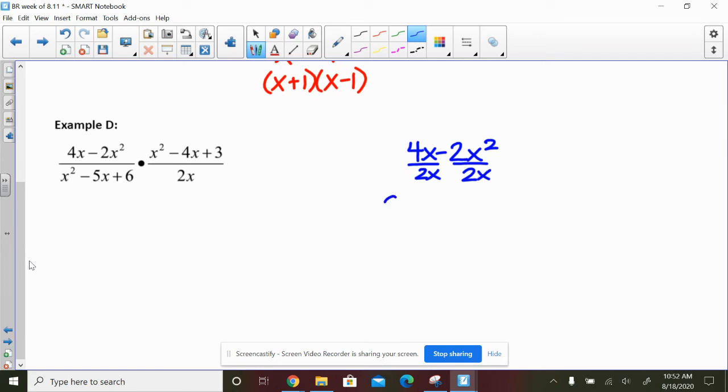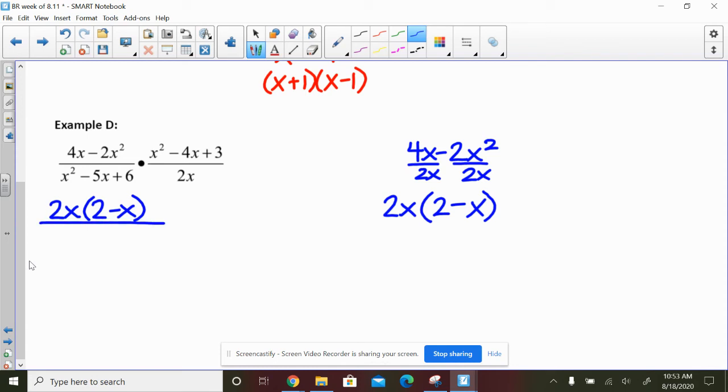So this has the greatest common factor of 2x. 4x divided by 2x is just 2. 2x squared divided by 2x is just x. So that top simplifies to 2x times 2 minus x.